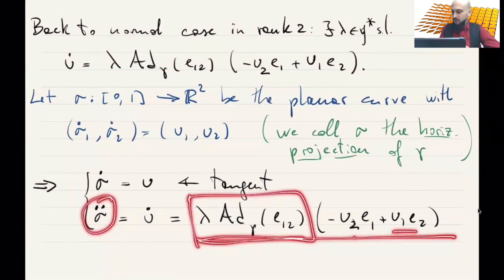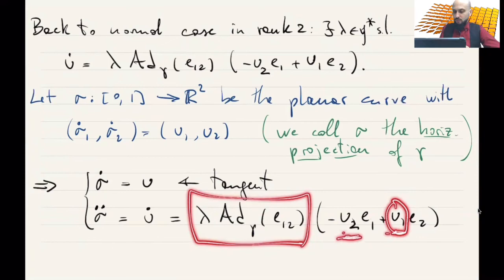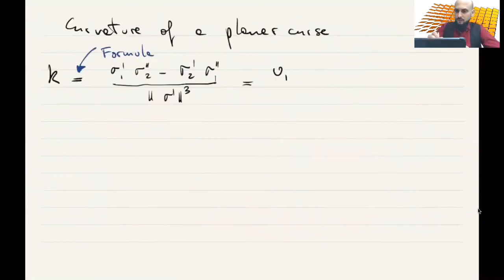The second component is exactly u1 multiplied by this number. Since both the second component and the first component will be multiplied by this, I will put this in evidence. Okay, but I have u1 u2 dot minus u2 u1 dot divided by norm of u to the third.